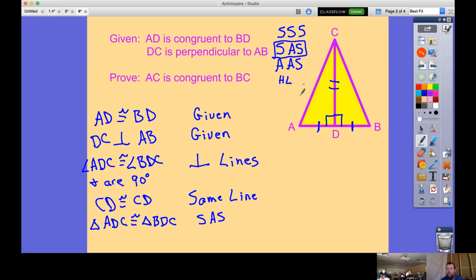All right, now that we know that these two triangles are the same, can we prove that AC, this side here, is congruent to this side here? Yeah, we can say AC is congruent to BC. And the reason is, well, what would the reason be? What do you think? Somebody say it really loud.